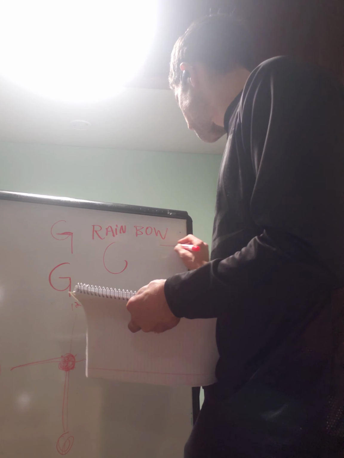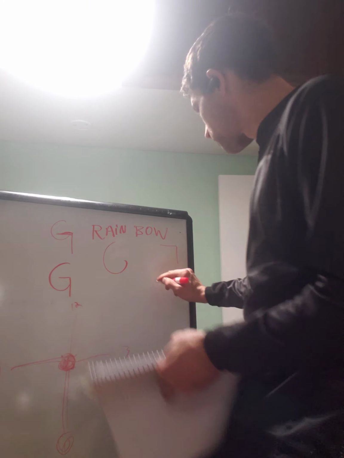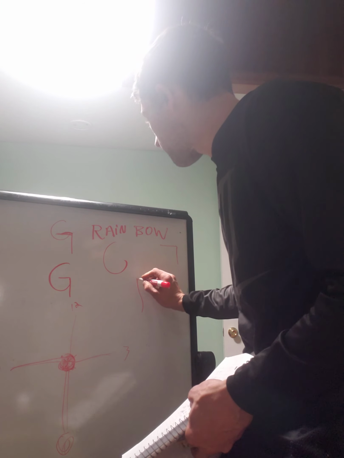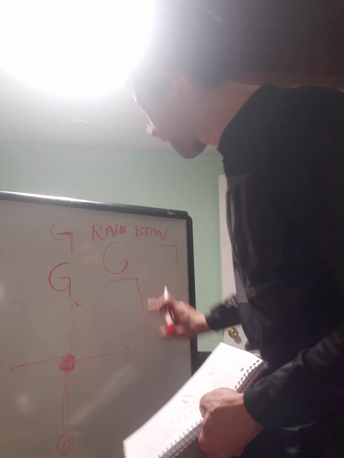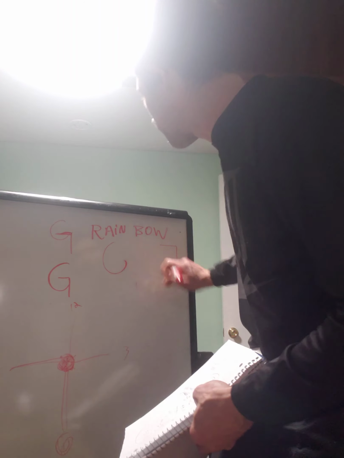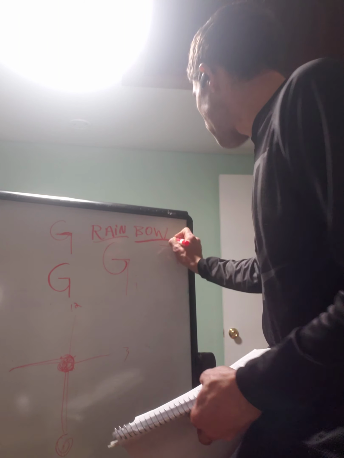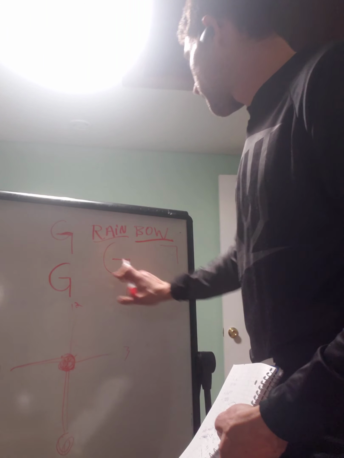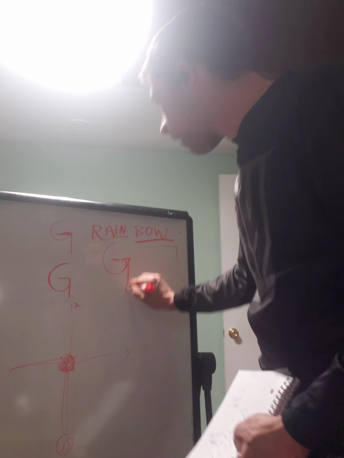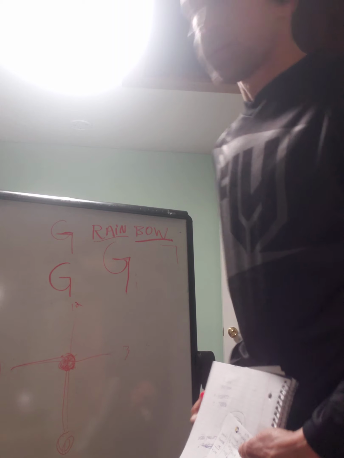Bow breaks down to 7. What happens to the eye when it bows? When I bow, it turns into a 7. The rain bows, so the 6 bows.